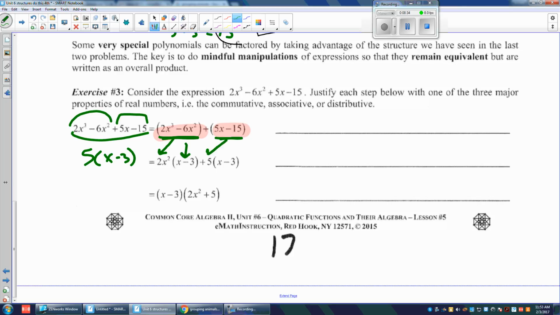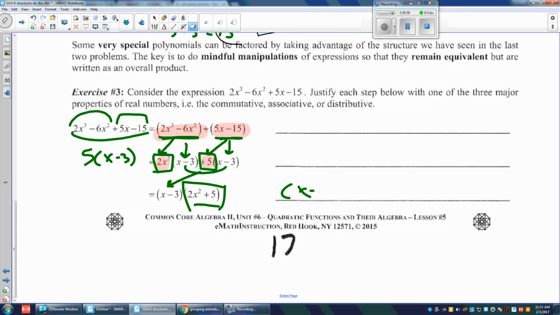When we group it, we factor out a 5, and we're left with an x minus 3. So the x minus 3 gets factored out, and we're left with 2x squared plus 5. So the whole thing is (x minus 3)(2x squared plus 5).